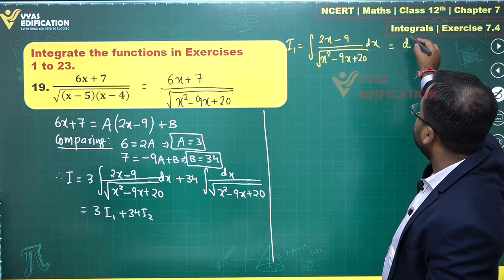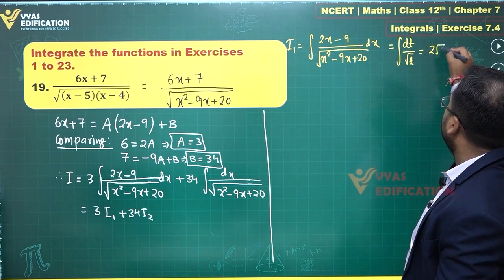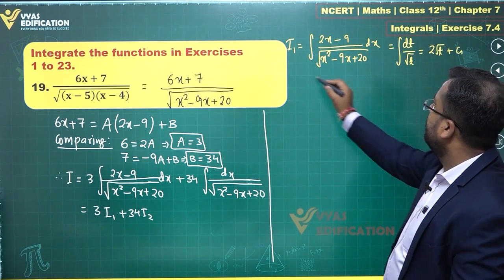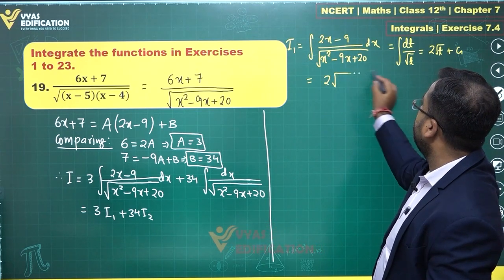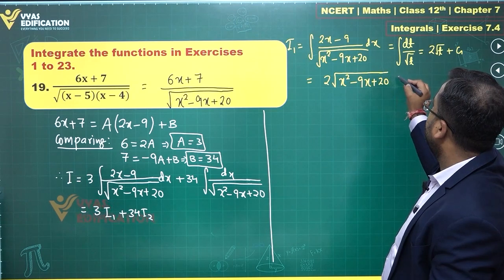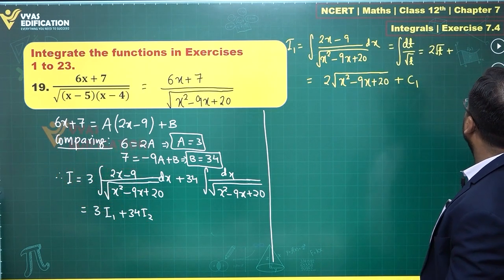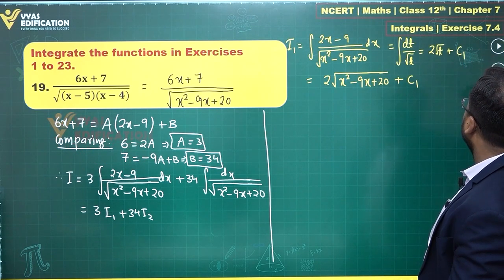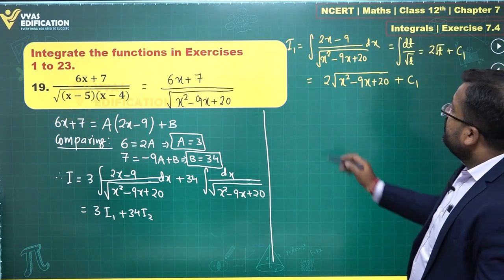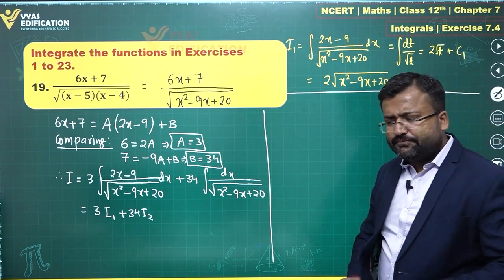So this actually becomes dt upon root t, whose integral is 2 root t plus c1. This becomes 2 root of x square minus 9x plus 20 plus c1. This is I1 for us. Is that all in I1? Yes, that's all in I1.